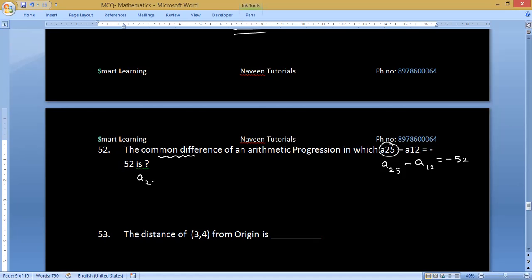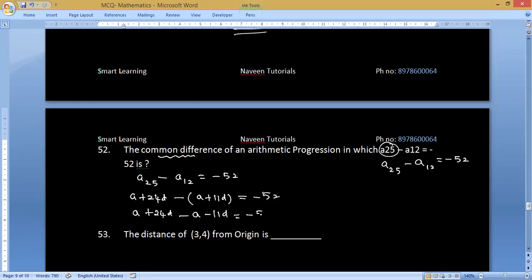So A25 minus A12 is equal to minus 52. A25 can be written as A plus 24D, minus the 12th term, which can be written in the form of A plus 11D, is equal to minus 52. Now A plus 24D, minus into plus is minus, again minus into plus is minus 11D, is equal to minus 52.